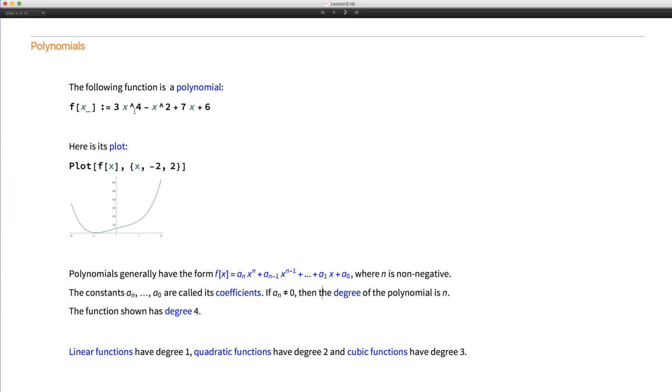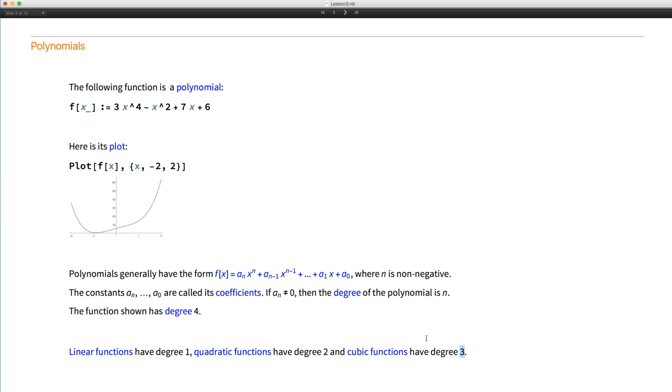So this polynomial over here has coefficients 3, -1, 7, and 6, while the degree is 4 because you have x raised to 4 over there. In particular, linear functions have degree 1, quadratic functions have degree 2, and cubic functions have degree 3.